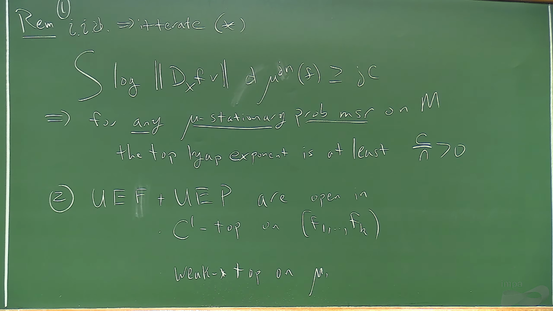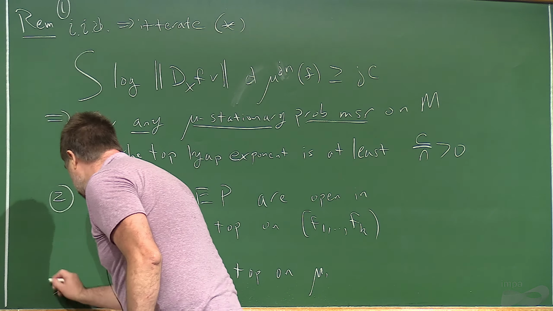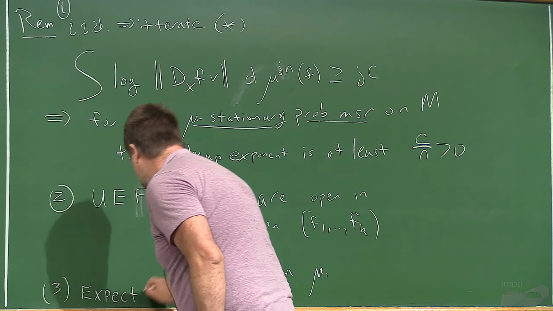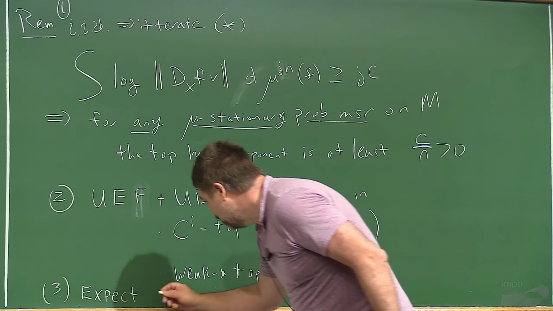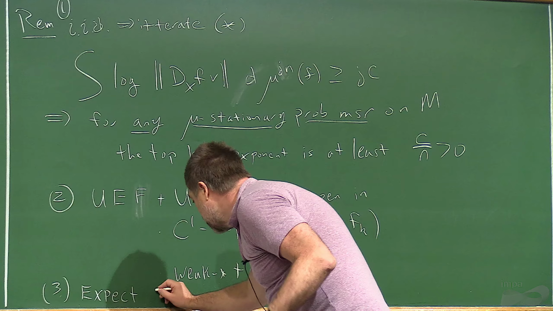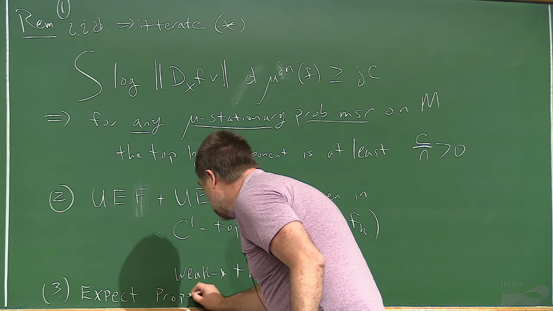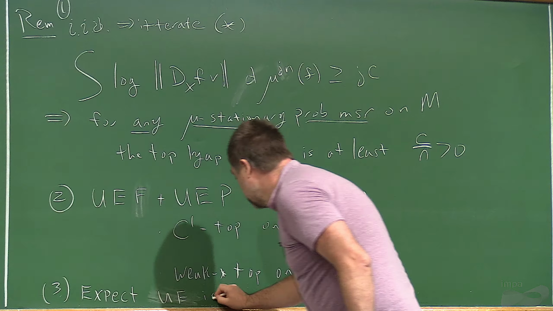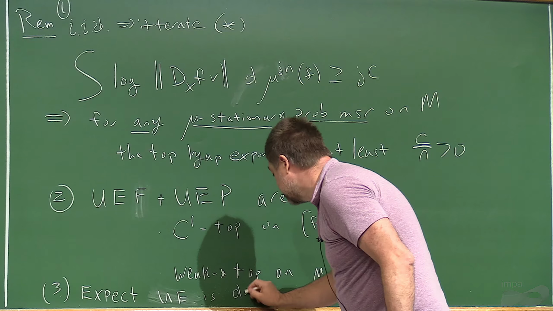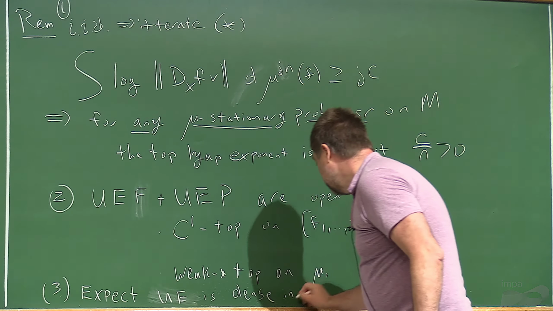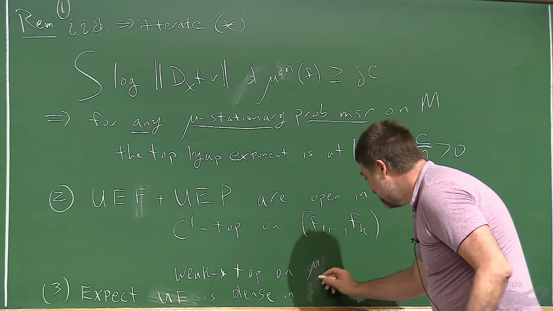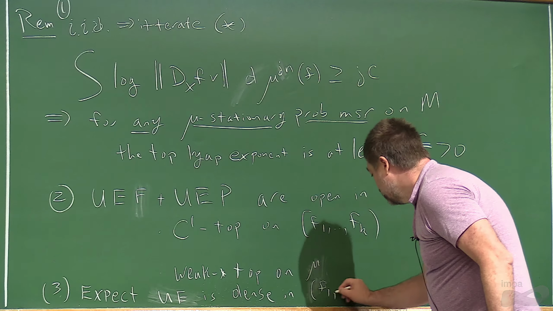And maybe I should write down 3, is that we expect, and maybe there are people in the audience who know how to do this, but I won't announce it. We expect that this uniform expansion is actually dense in, let's say, tuples.